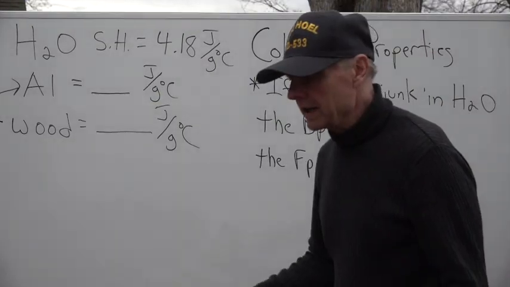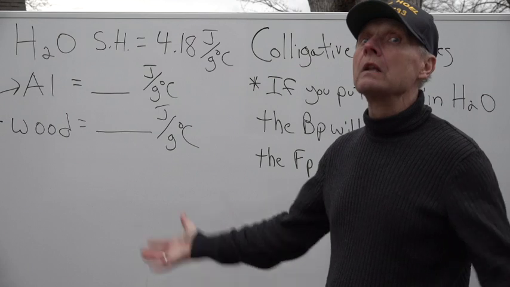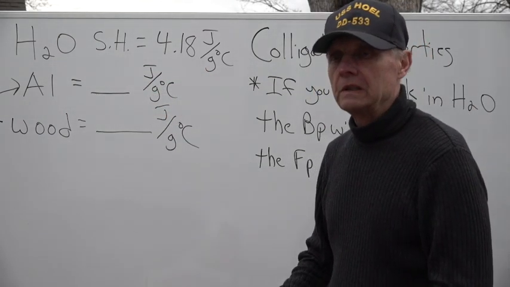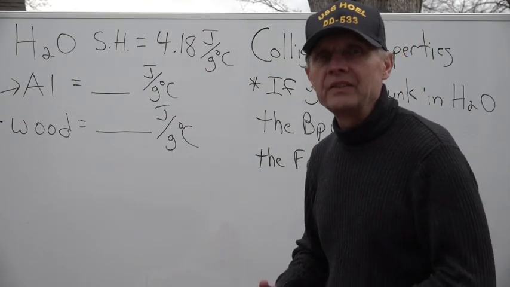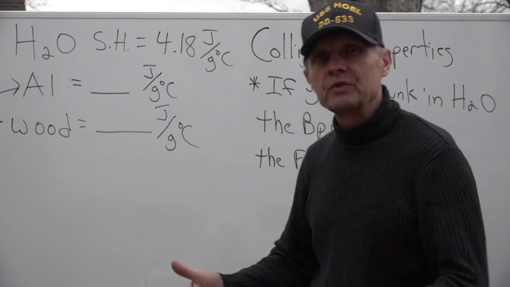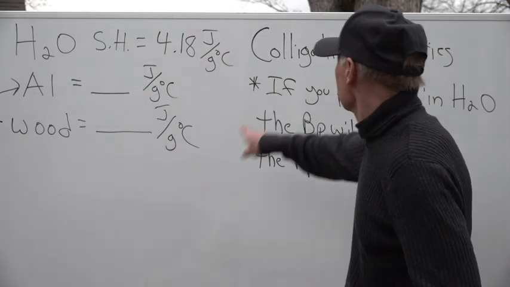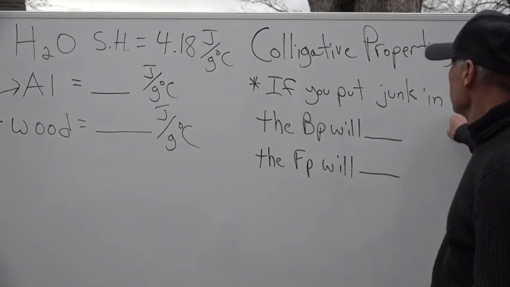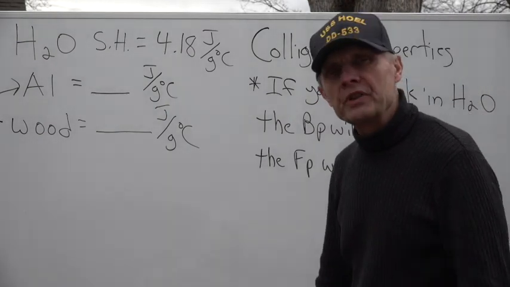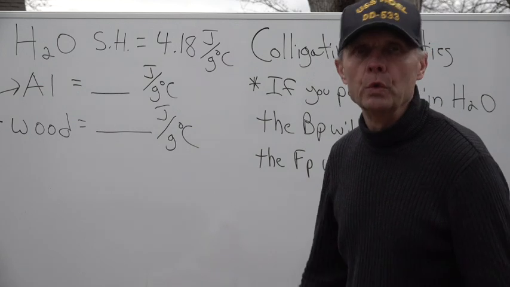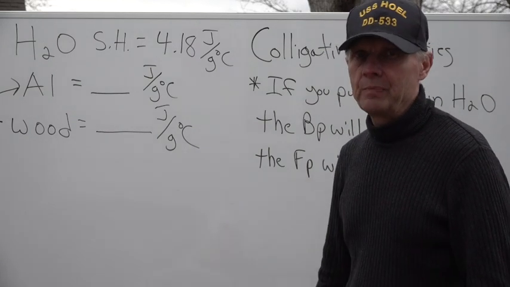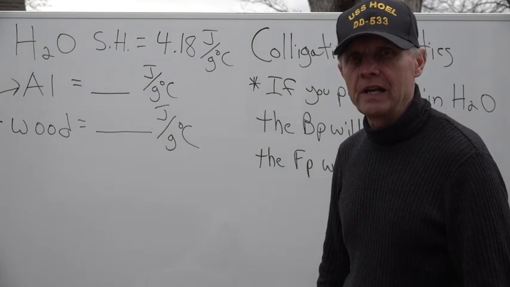So we are putting a lot of stuff in to make ice cream. And remember, milk is mostly water. If we put a lot of junk in water, what will the freezing point actually do? Think about that, because you're going to have to answer that.